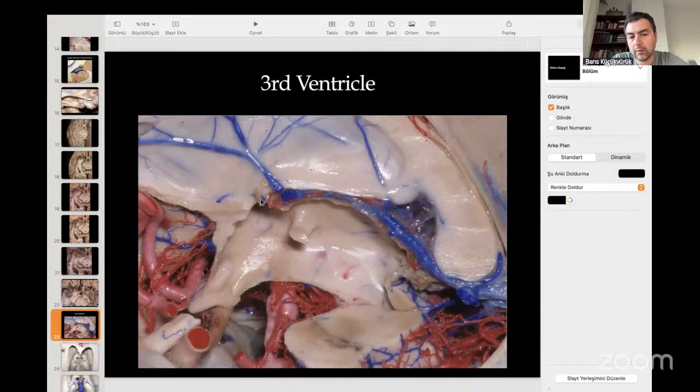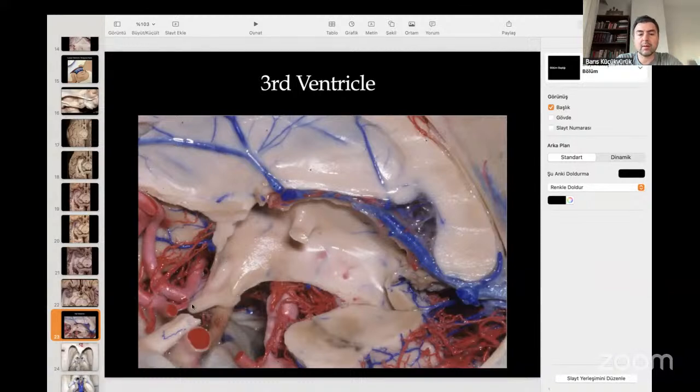This is the foramen of Monro. This is the lateral ventricle, and the midline is formed by the septum pellucidum. And there we see the pons. So there are several structures forming the third ventricle. Let's name them and then look back at the anatomy.